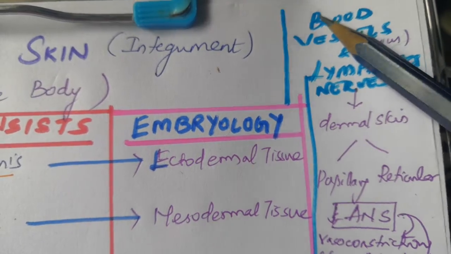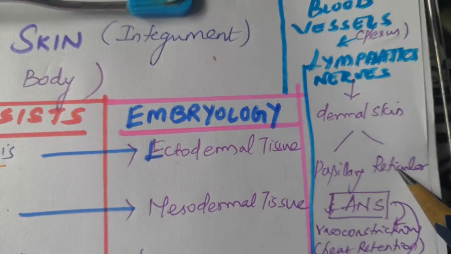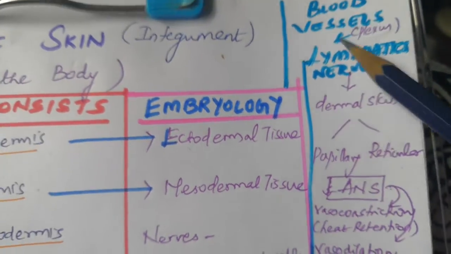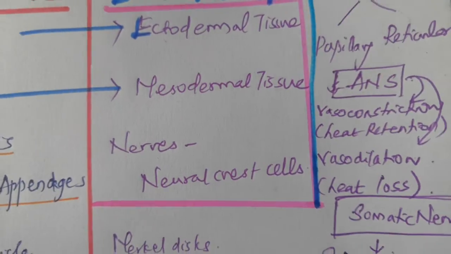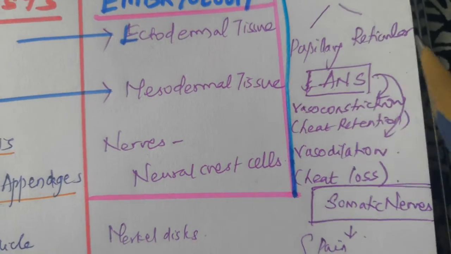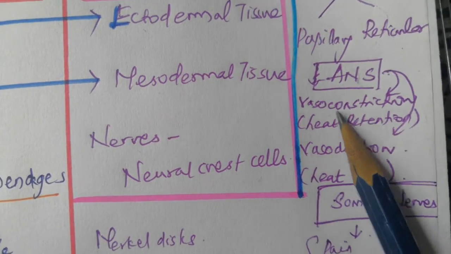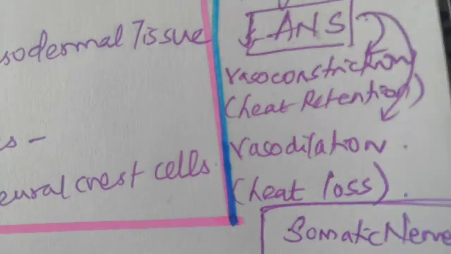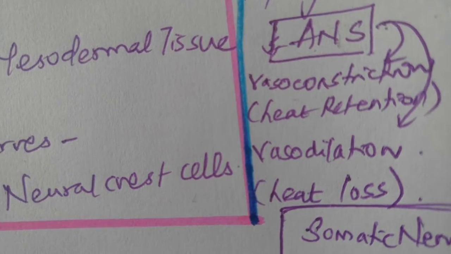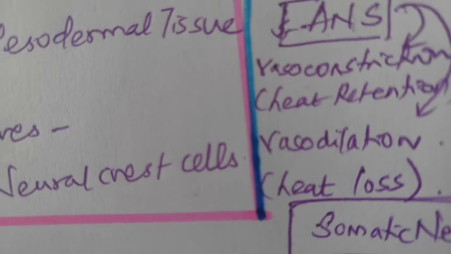So blood vessels will be there in the dermal skin. And also nerves, it is composed of autonomic nervous system, sympathetic nervous system, which regulates the temperature. For example, whenever there is vasoconstriction, there will be heat retention, and with vasodilatation, heat loss will be there.